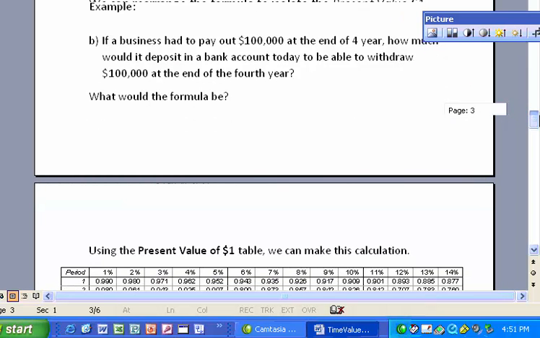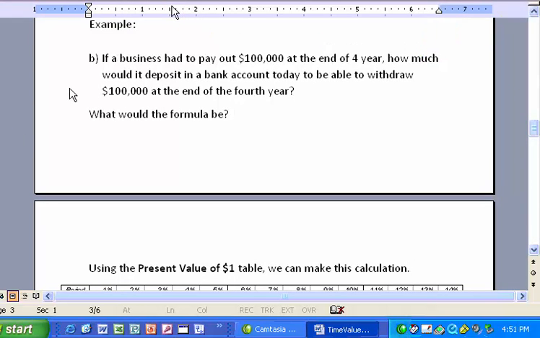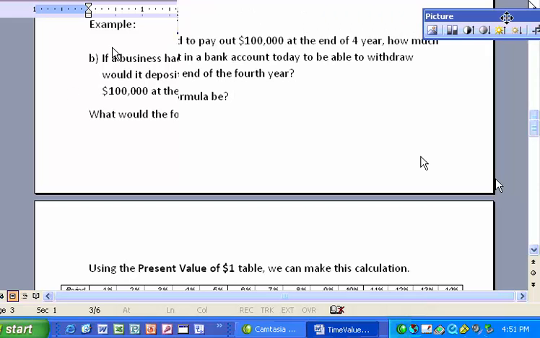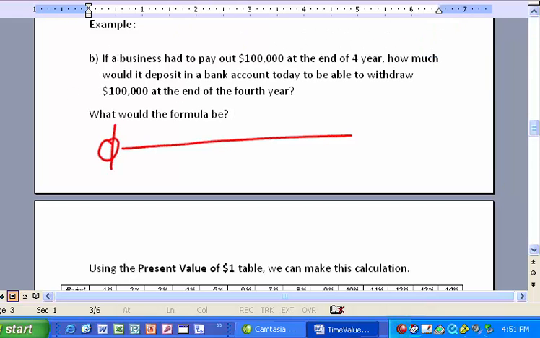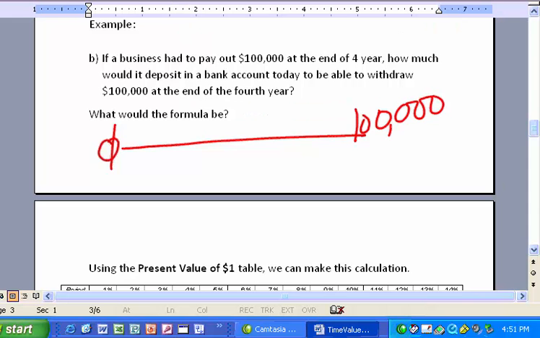If a business had to pay out $100,000 at the end of 4 years, then how much would it have to deposit in a bank account today? So what we're interested in here is at time 0, we need $100,000, or we're going to pay $100,000 4 years from now.